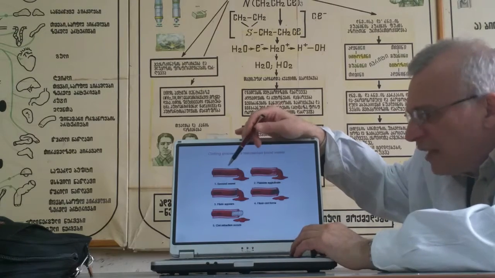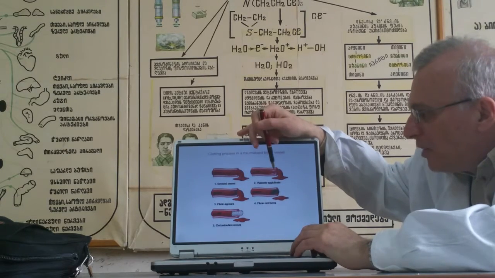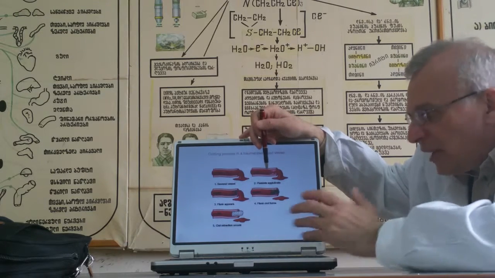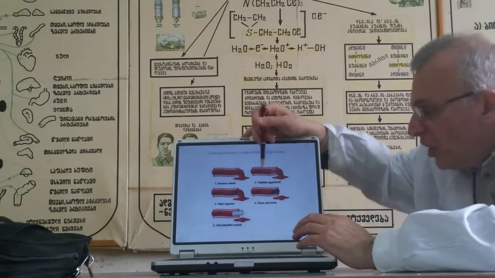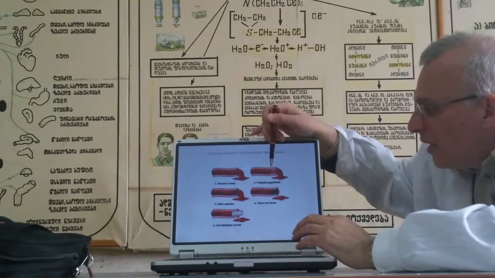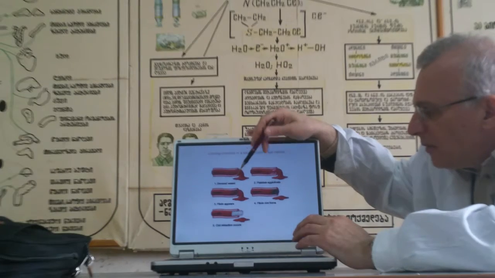Yes, so you can see here. When we rupture here, especially for example a big blood vessel with higher arterial pressure, the first reaction is vasoconstriction.